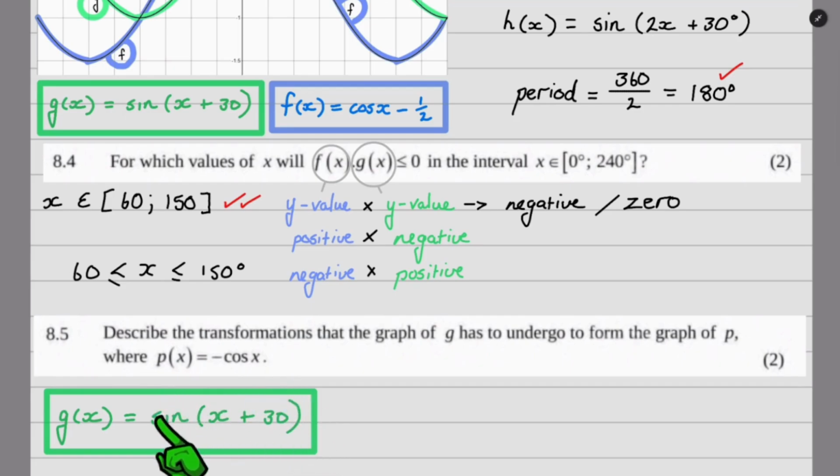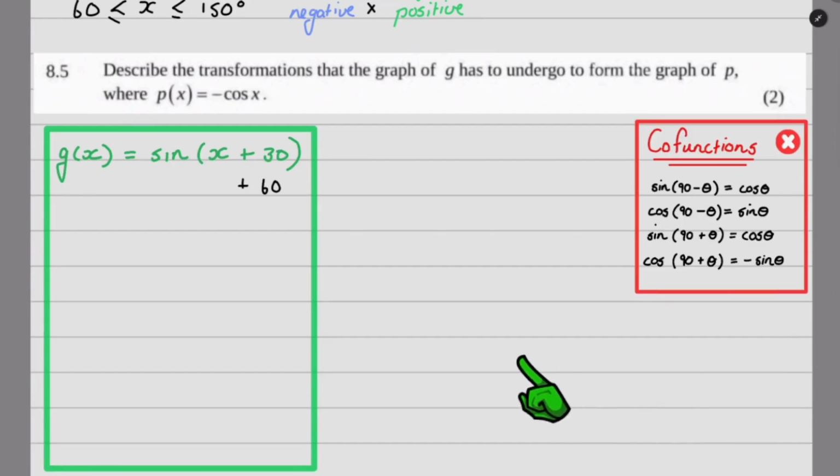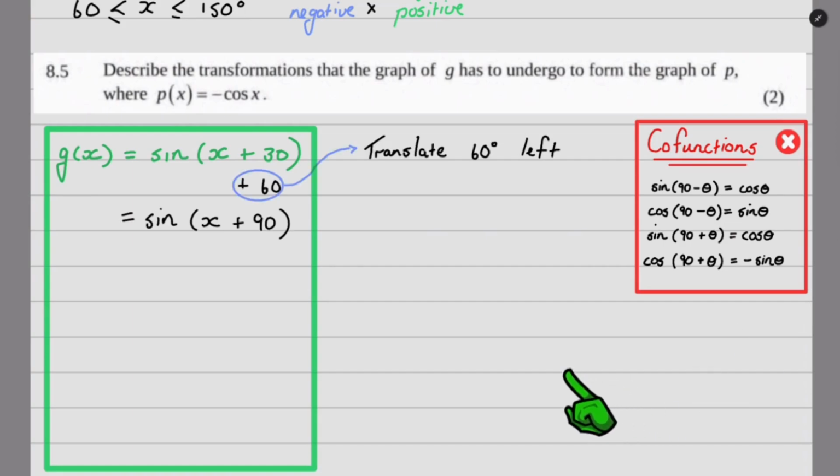What I want to do is change this to be x plus 90 so that I can use my co-ratios or co-functions. To accomplish that, I'm going to need to add 60 to this angle to transform it into sine of x plus 90. In terms of transformation, that means I translated the graph 60 degrees to the left.